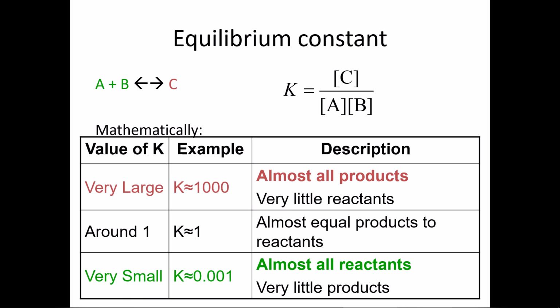The K value could also be any numerical value greater than 0, moving all the way up to infinitely large. So our K equilibrium is never negative, because we can't have negative concentrations, but it can be very, very small if we don't have very many products, or it can be very, very large if at equilibrium our reaction is mostly products.